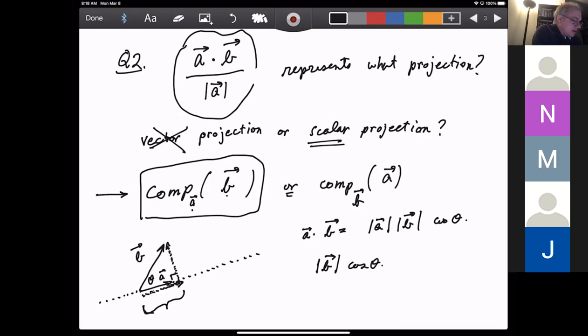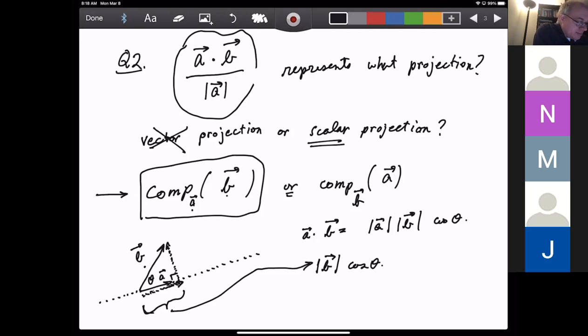Because the cosine of this angle is the length of the nearest leg divided by the length of the hypotenuse, right? So this guy is B cosine theta.